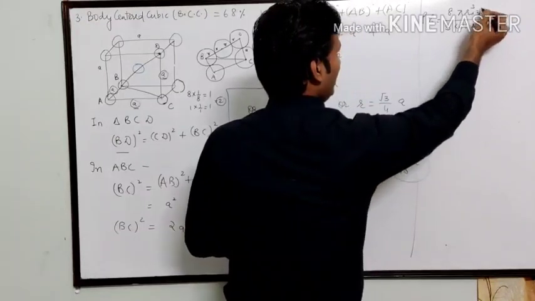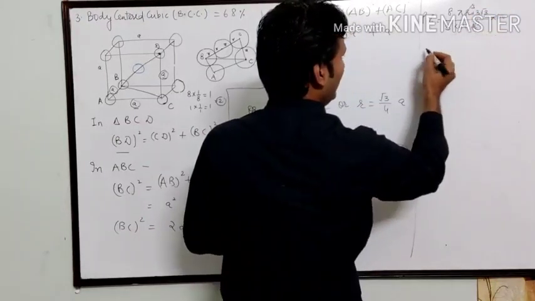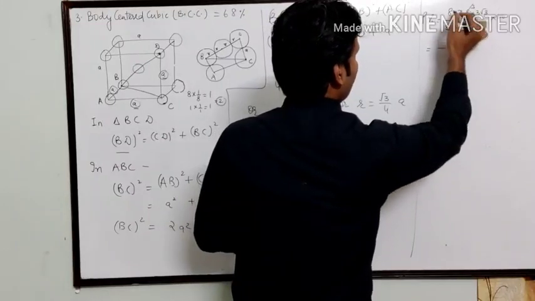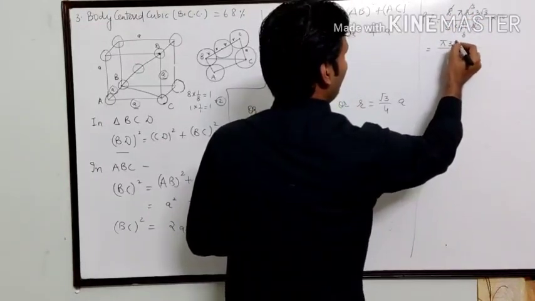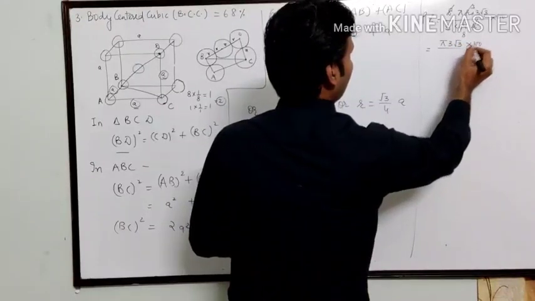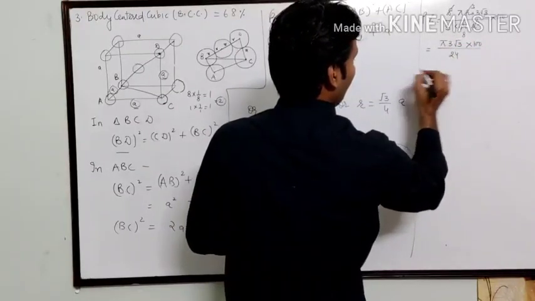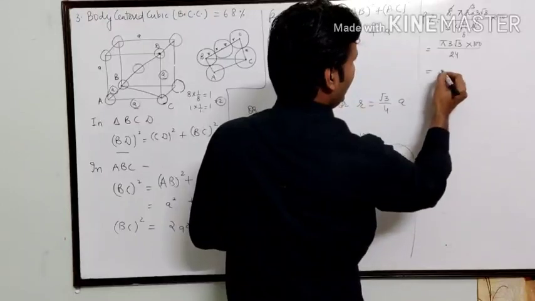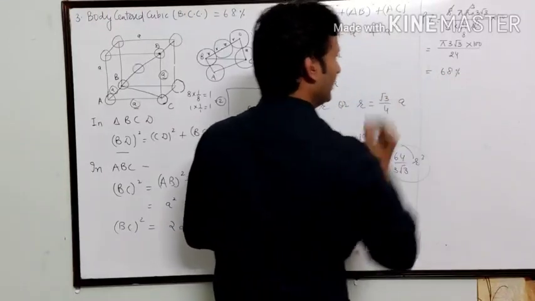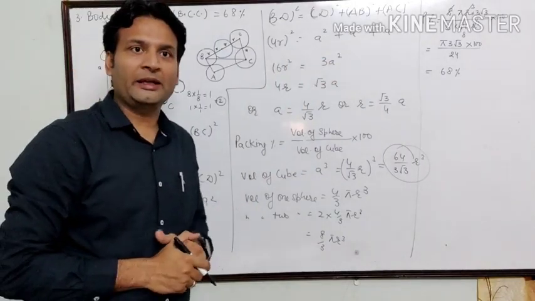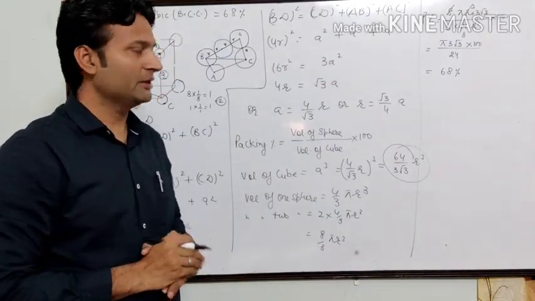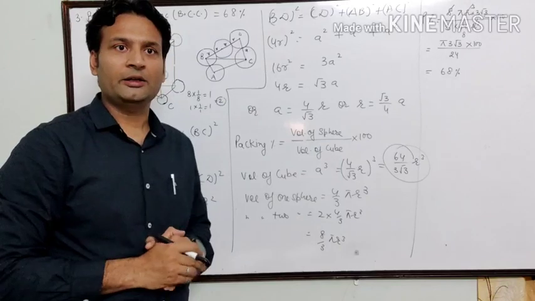Now cut those values which can be easily cut, R cube from R cube, and 64 by 8, that is 8. Now it is pi into 3 root 3 into 100 upon 24. If you solve this equation, you will get 68%. So it is clear. Now the packing percentage in BCC is 68%.